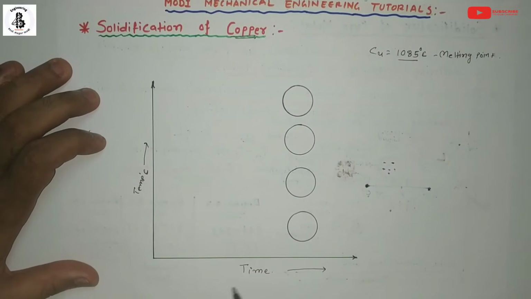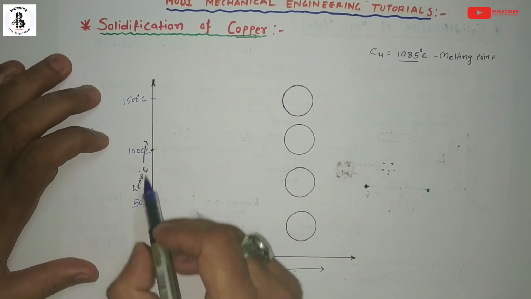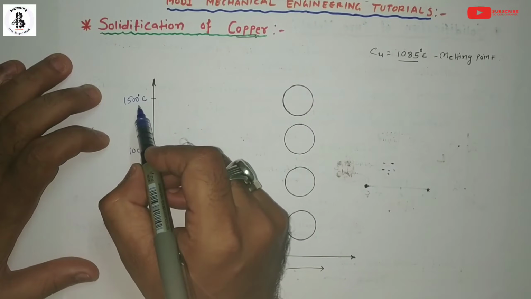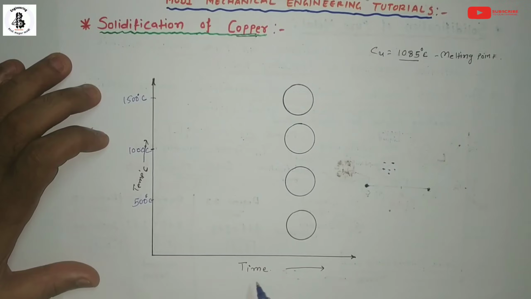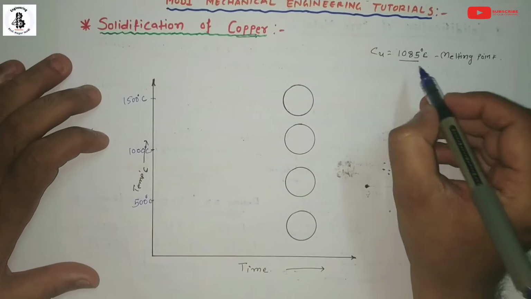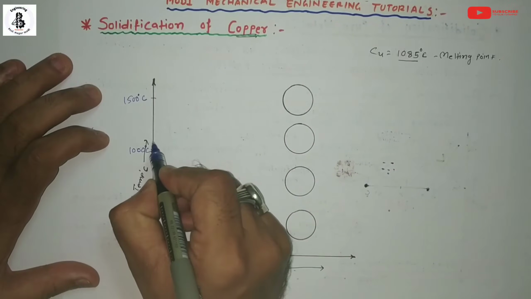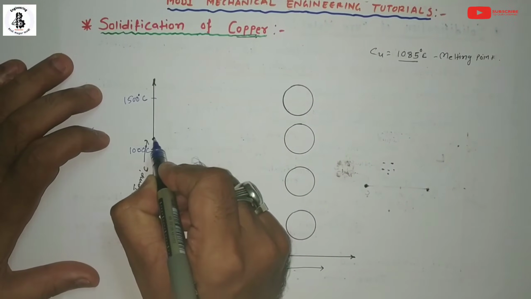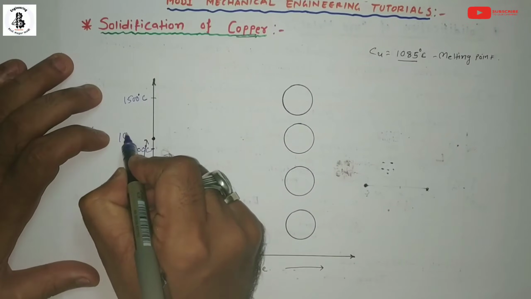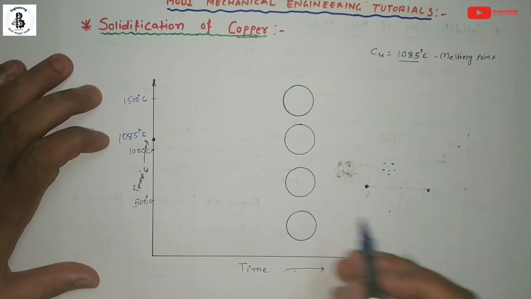So let's take a graph with the temperature axis showing 500, 1000 and 1500 degrees centigrade, and the x-axis being time. According to the given condition, copper has a melting point of 1085, so just around this point you can see 1085, which is considered the melting point.